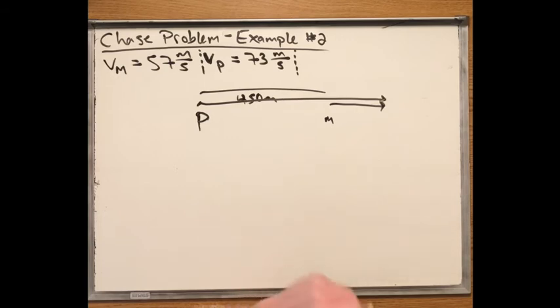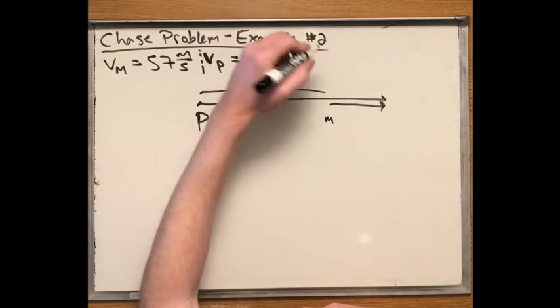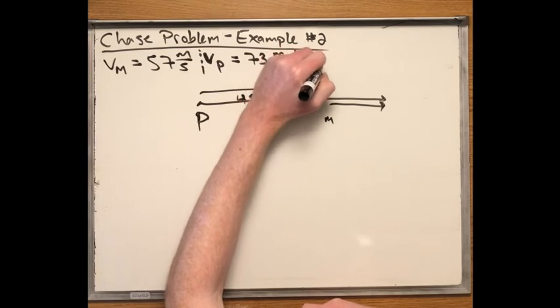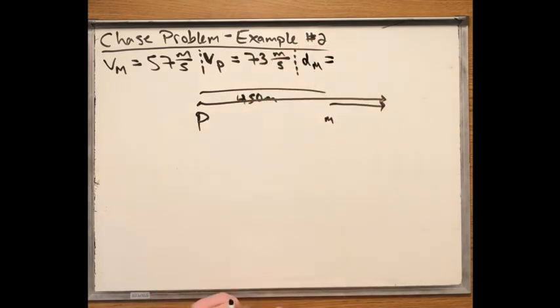Notice here, it doesn't really matter which way you do it, if you write an equation for the distance traveled by the motorist or the distance traveled by the police officer, but I've decided I'm going to write the distance of the motorist is equal to.